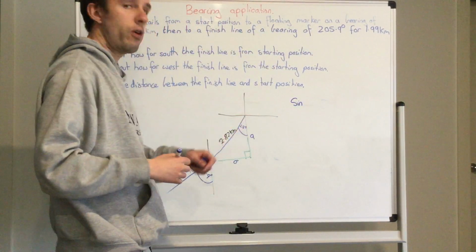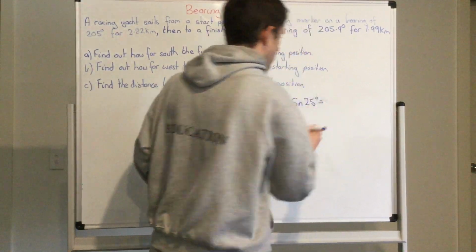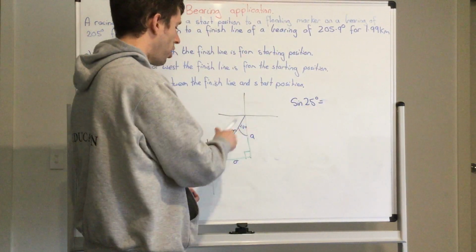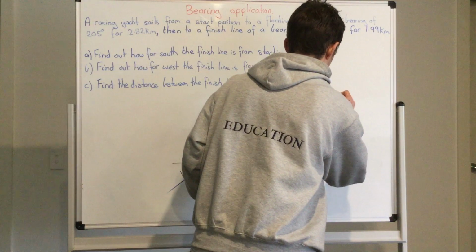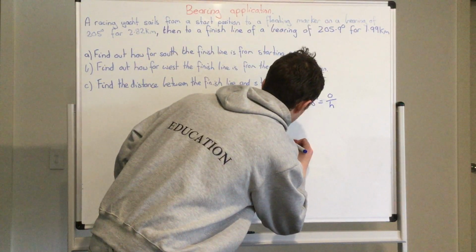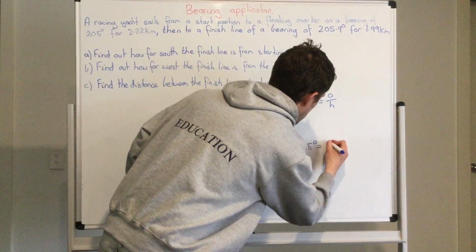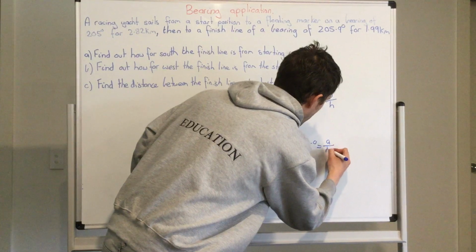Sine alpha, we know we've got 25 degrees, so we're doing sine 25 degrees. Sine is opposite over hypotenuse. And we're going to be doing cos 25 degrees, which is adjacent over hypotenuse.